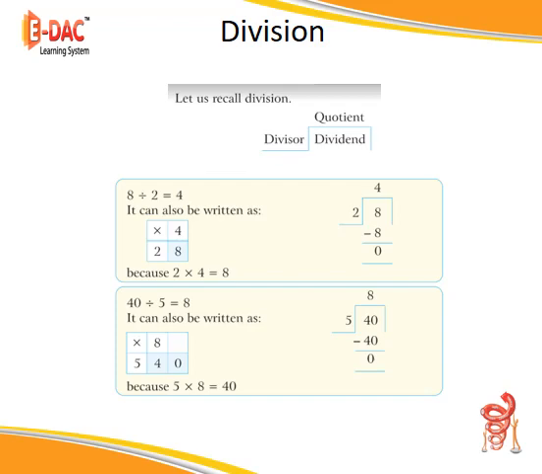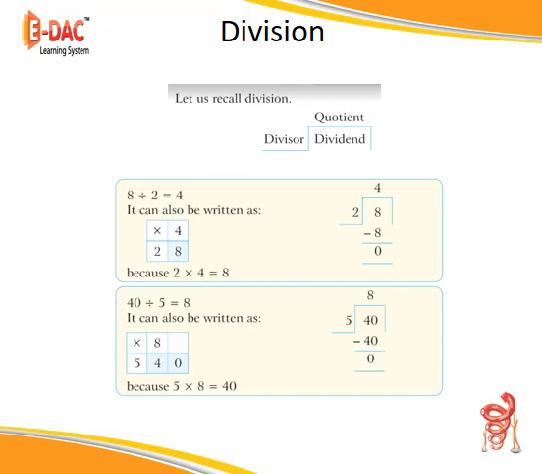We will write 8 below 8, which is our dividend, and we will subtract 8 from 8. Now we will get the remainder, which will be 0. So our answer will be 4, which is also the quotient.